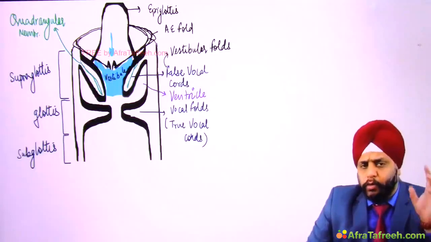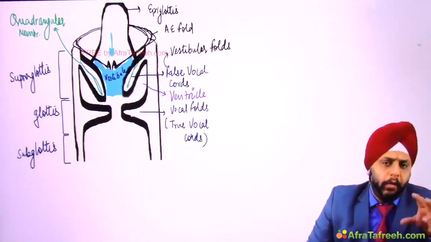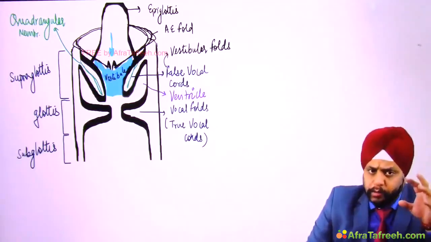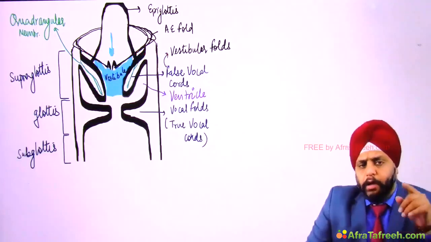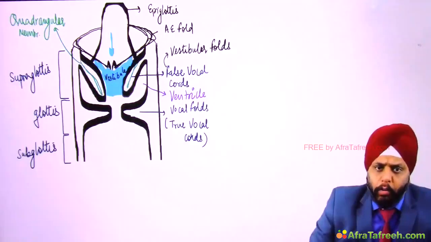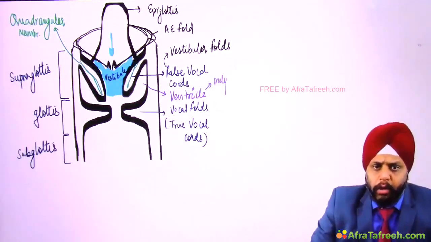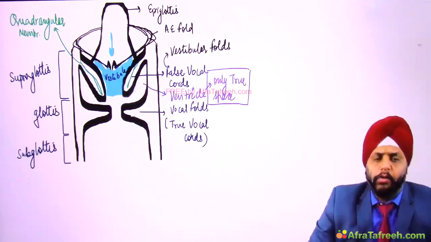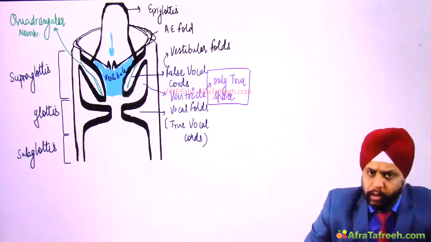Now, the ventricle, however, is an actual true space. In fact, the ventricle is the only true space of the larynx.